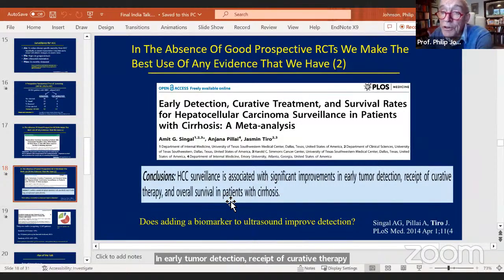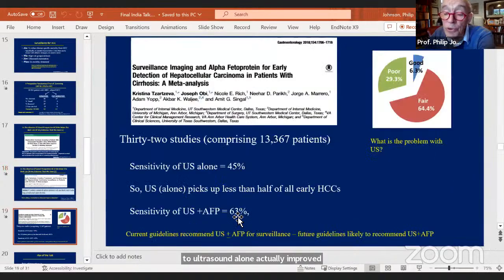So there is not definitive evidence by way of a randomized trial, but there's good circumstantial evidence that surveillance is good. So the question that arises is, does adding a biomarker to ultrasound alone actually improve survival? And this study came fairly recently, looking at whether or not adding AFP to ultrasound was beneficial.